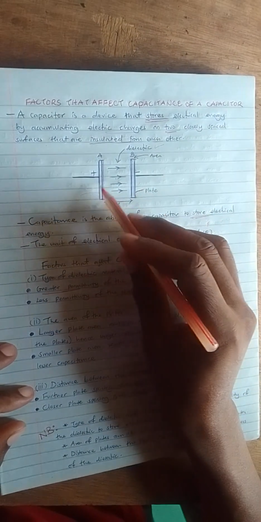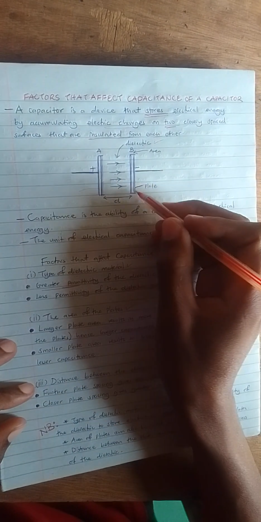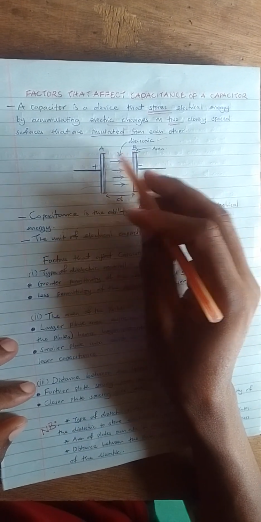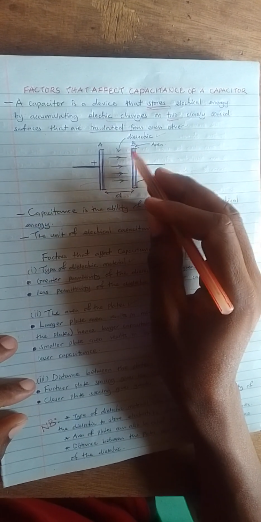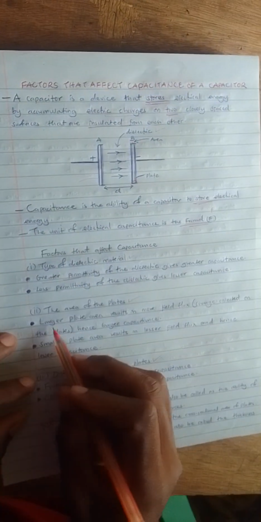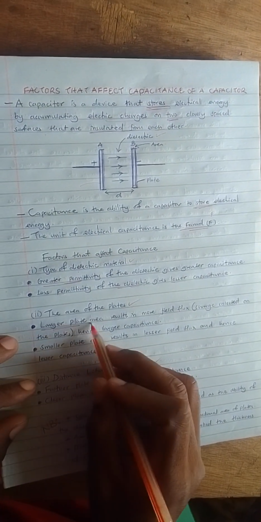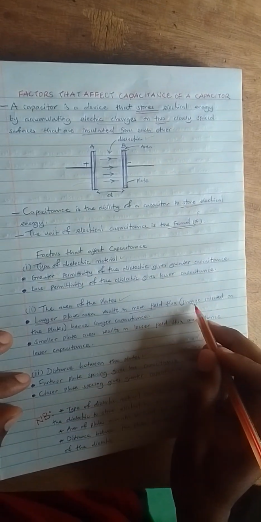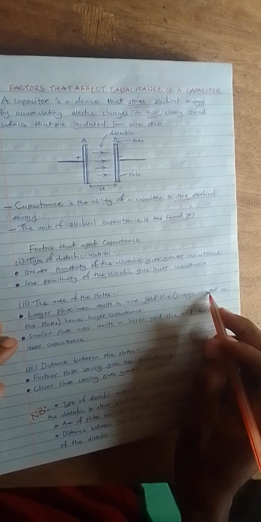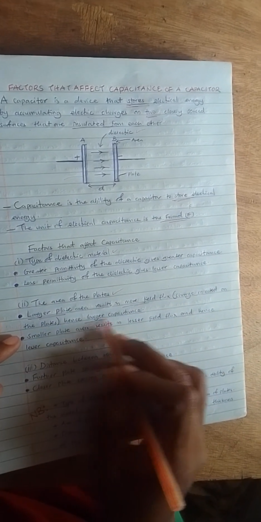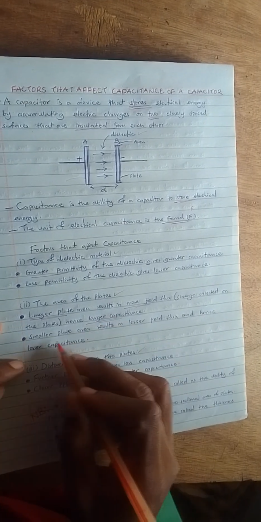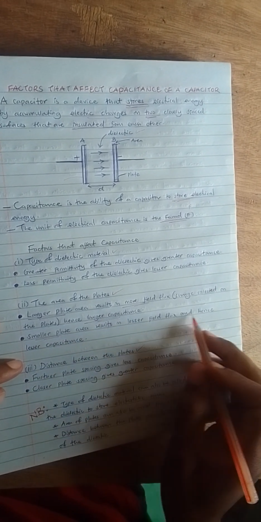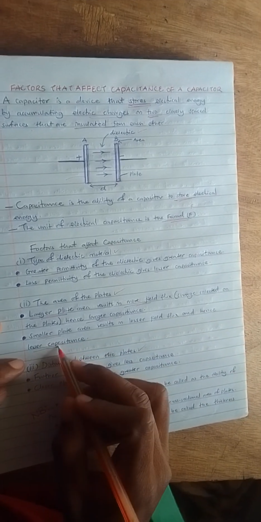Now the next factor is the area of the plates. This is the plate and this is the second plate. We're talking about the cross-sectional area of each plate. A larger plate area results in more field flux, that is the charge collected on the plates, hence larger capacitance, while a smaller area results in lesser field flux and hence lesser capacitance.